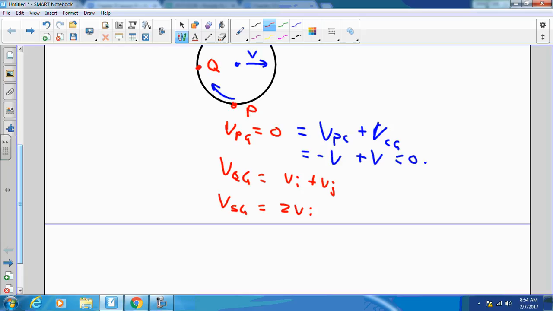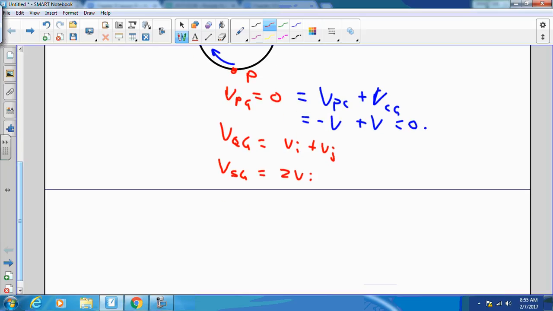Meanwhile, the various points on the wheel are rotating around with a speed of v, but in different directions. So at the bottom, the rotational motion is backwards with a speed of v. So if you take the velocity of P relative to the center, it is negative v in the other direction. And when you add that to the velocity of the center relative to ground, which is positive v in the other direction, you get 0. Better?